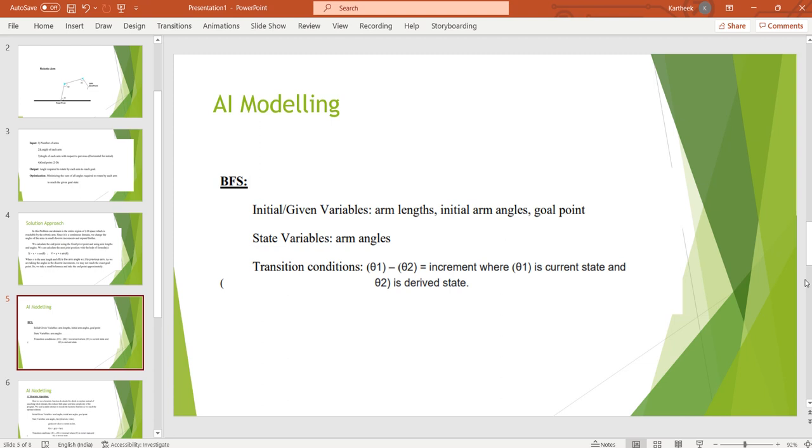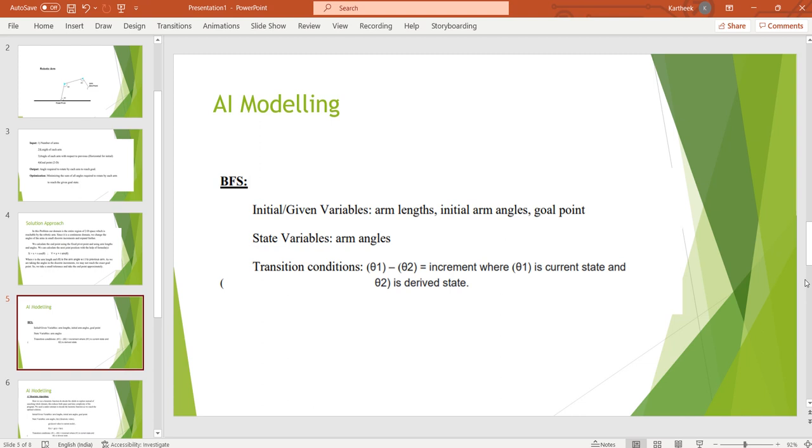Now let us move to the AI modeling. For BFS, the variables are arm lengths, initial arm angles and the goal point, and the state variables are the arm angles. Now in BFS, the transition conditions are theta 1 plus or minus delta theta.